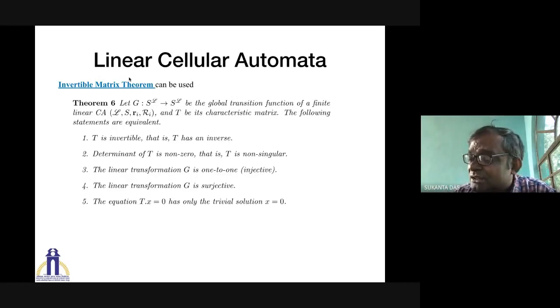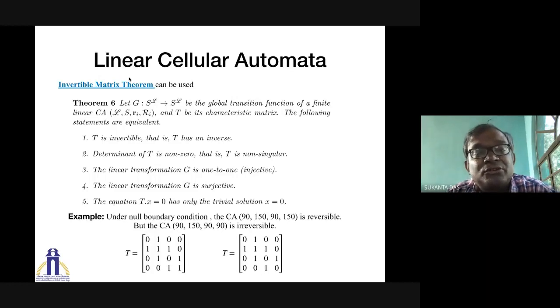So how can I do this? Take this example. Under null boundary condition, the CA 90, 150, 90, 150 is reversible. On the left hand side, T is for the CA 90, 150, 90, 150.